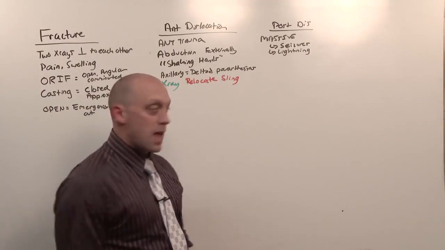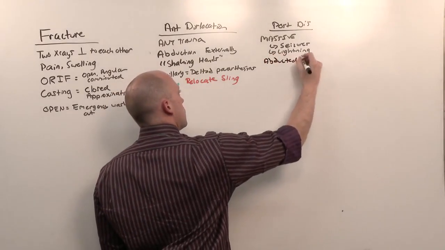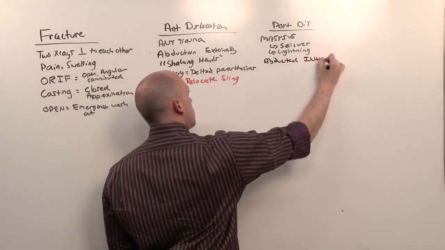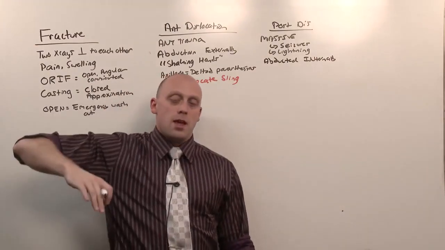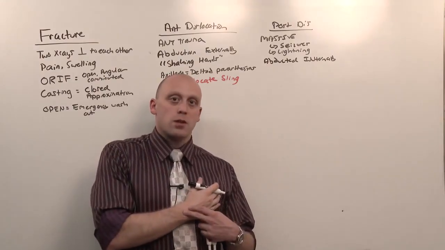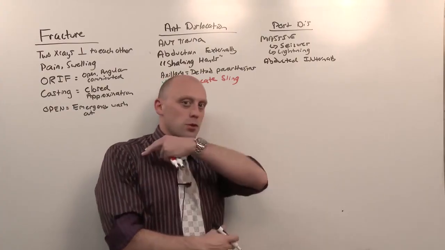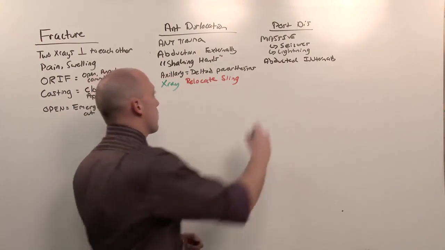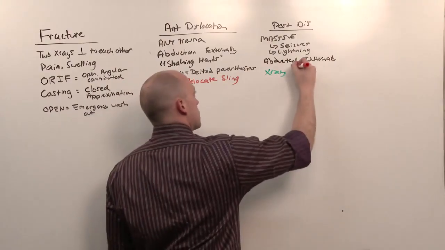In this case, it's still abducted, but now internally rotated. It's so-called protecting wrist. Abducted, internal rotated. And it looks like they're keeping their arm up against their chest because it's been hurt. It's not the arm that's hurt, it's the shoulder. Same here, x-ray. Relocate and sling.